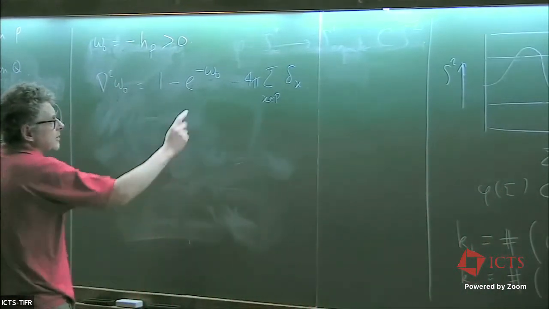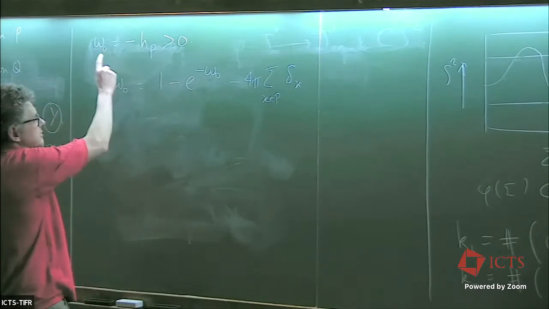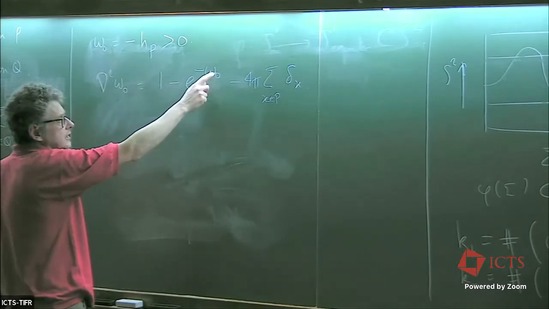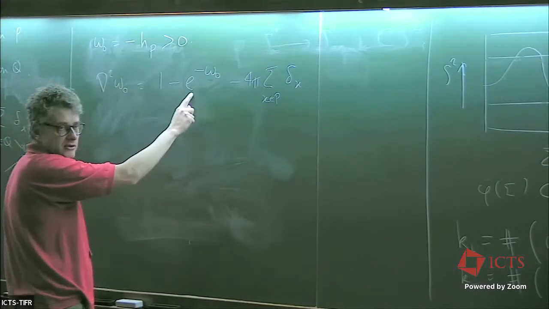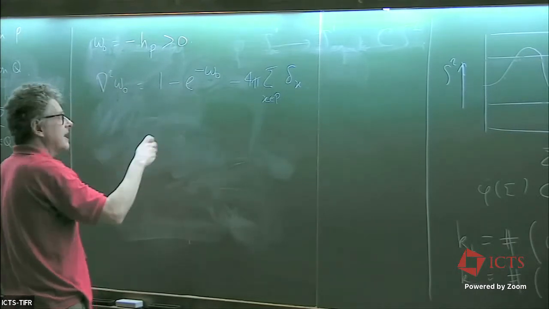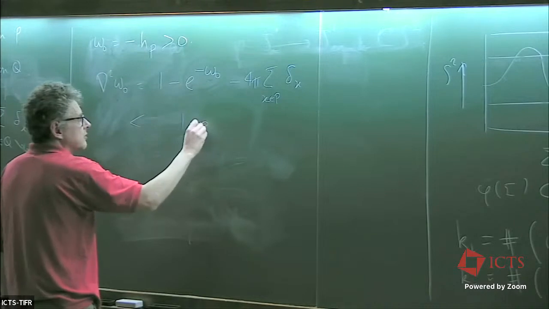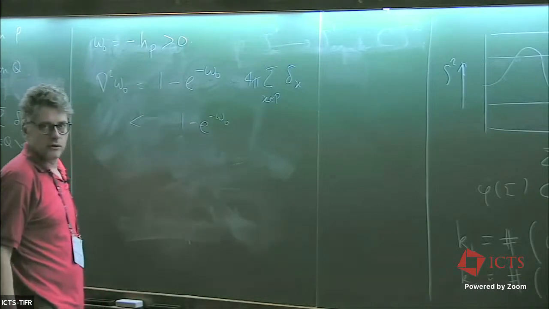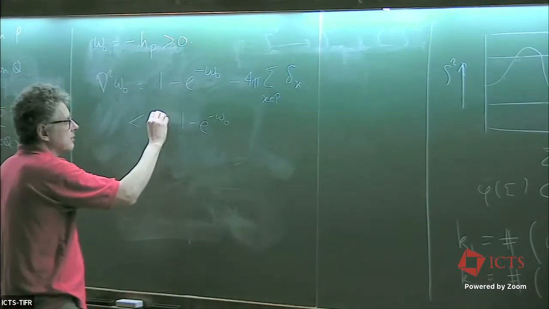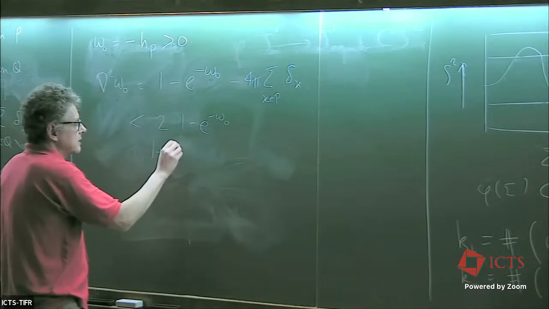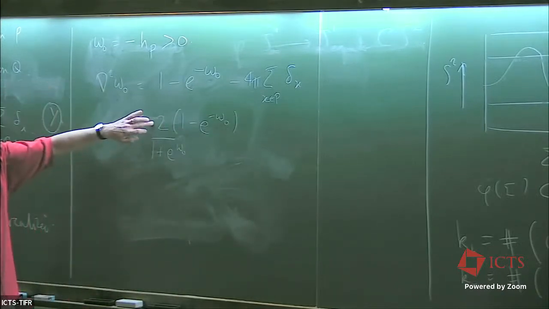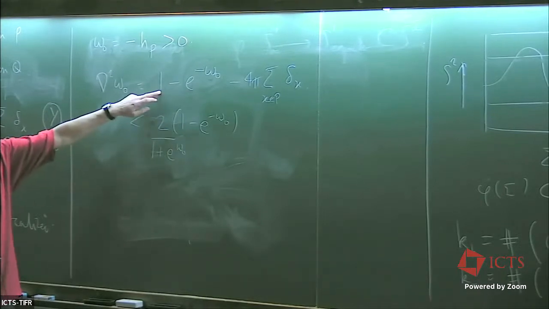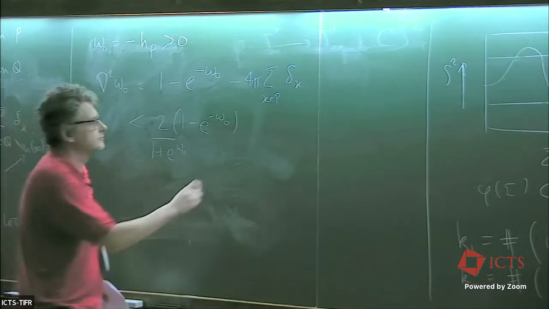Well, remember W0 is positive, so this number here is less than 1, so this thing here is positive. Therefore, it's certainly less than the same number multiplied by any number which is at least 1, and the number which is at least 1 I'm going to multiply by is that one. So this is certainly bigger than 1, just by definition. So this quantity here is less than this.